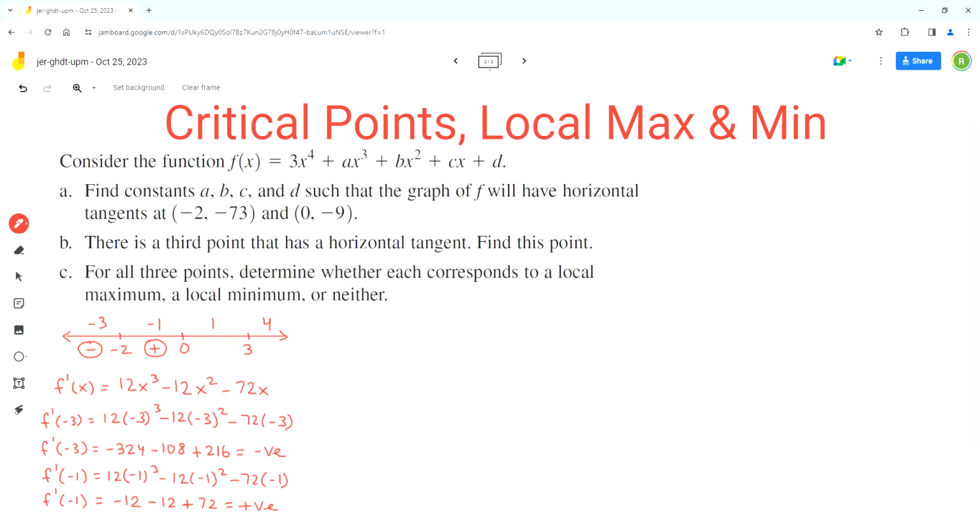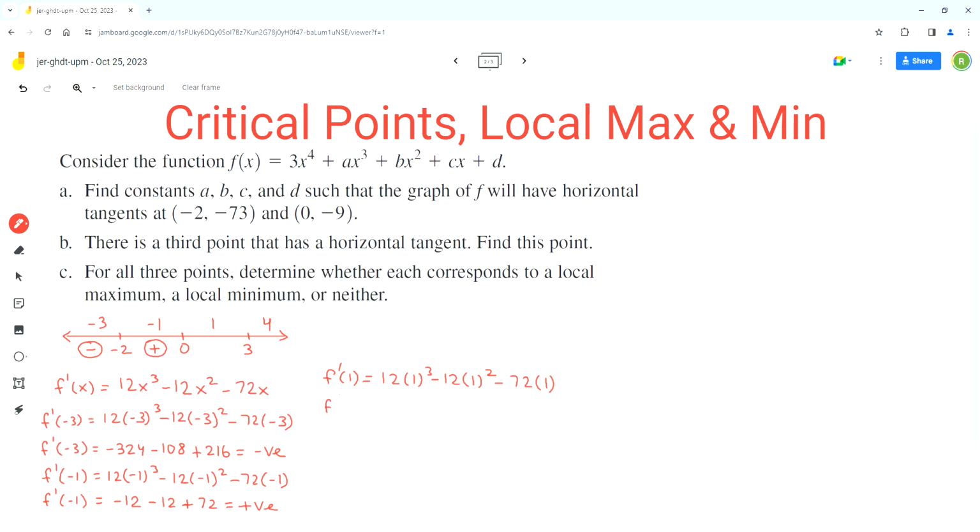So now we can use the third test value, 1. f prime of 1 equals 12 times 1 cubed minus 12 times 1 squared minus 72 times 1.